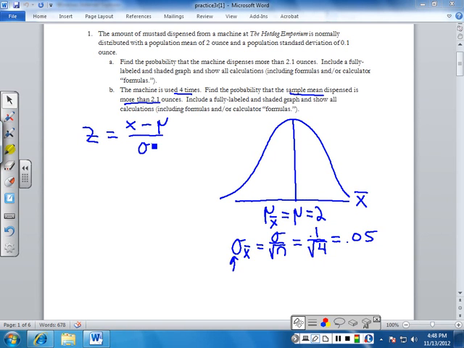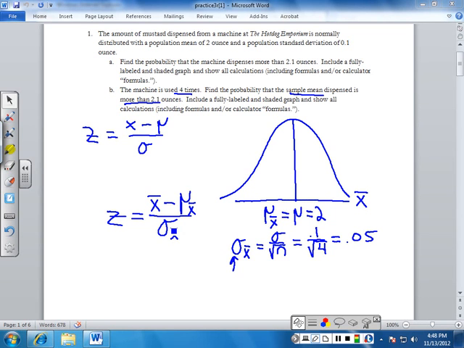Well, this has that same form, Z is equal to X bar minus the mean of the X bars over the standard error of the X bars.